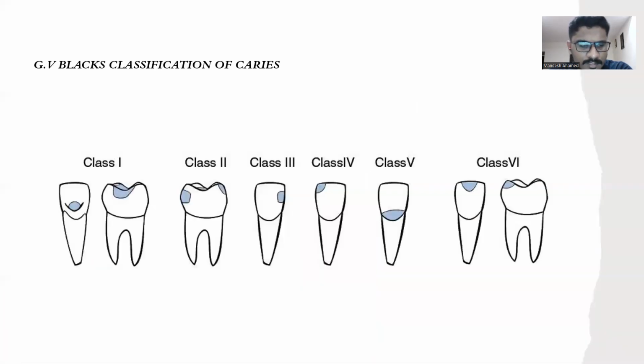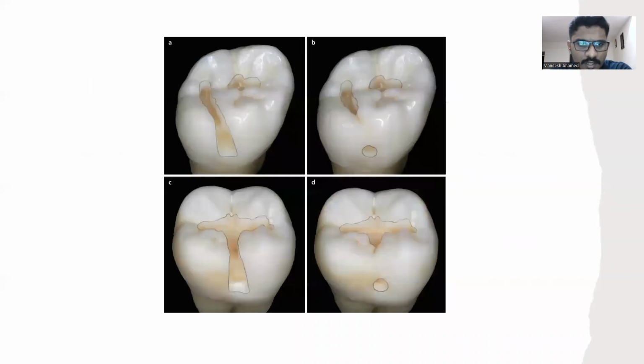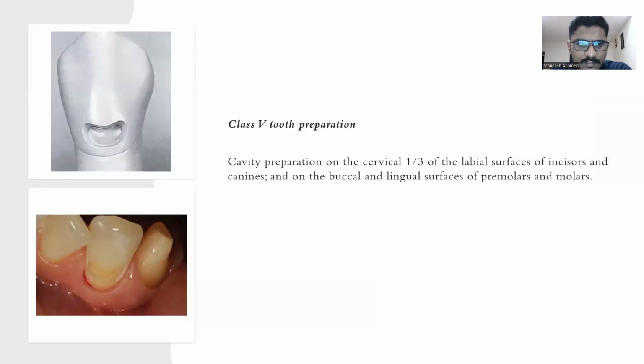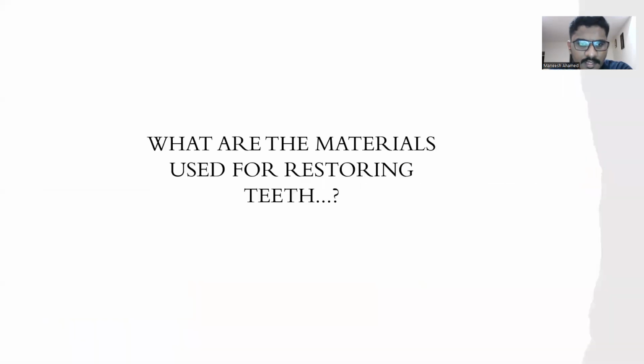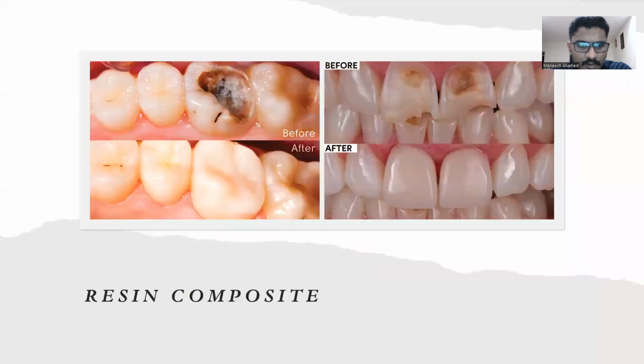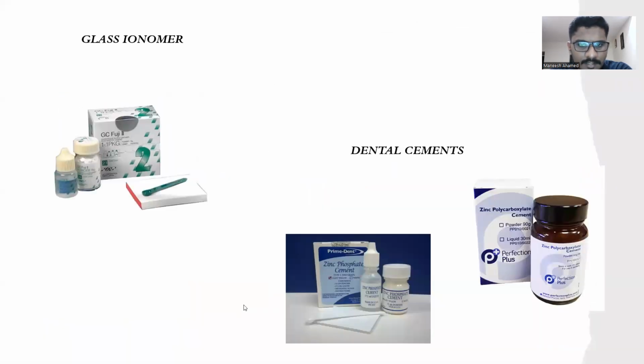And then we discussed the GV Black's classification, that is class 1, class 2, class 3, class 4, class 5 and class 6. And finally, we discussed the different materials which are used for restoring the tooth. So we saw dental amalgam, the composite, and other dental cements.